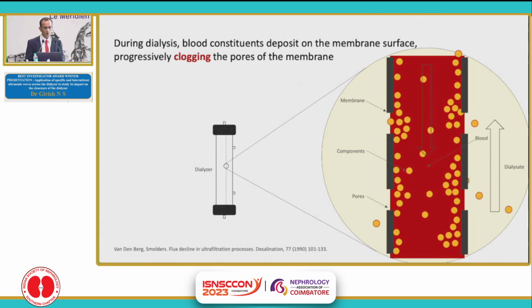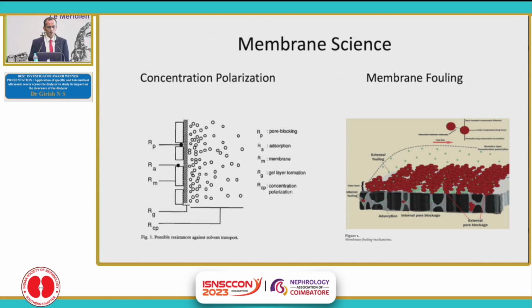But what is relevant to this study, and what I want to draw your attention to, is the concept of membrane clogging. As the blood passes through the dialyzer, the blood constituents and proteins clog and block the pores to start with, and the hydrophobic proteins get absorbed onto the membrane and start forming a layer called the CP layer, or the concentration polarization layer.